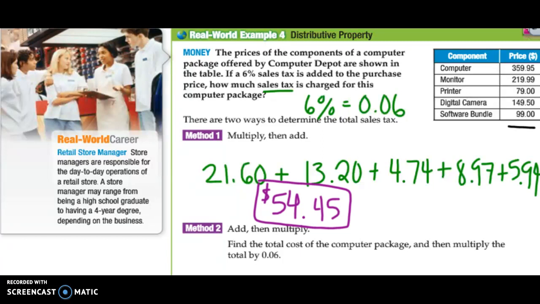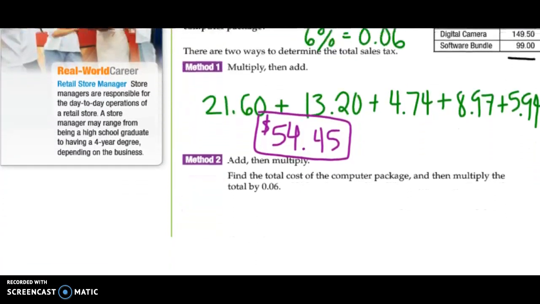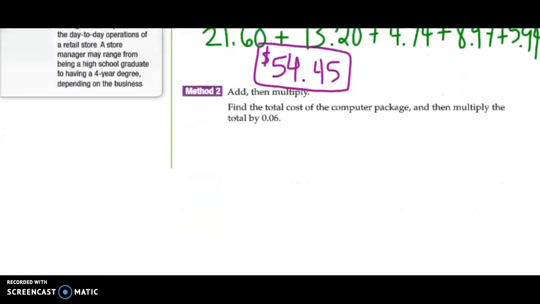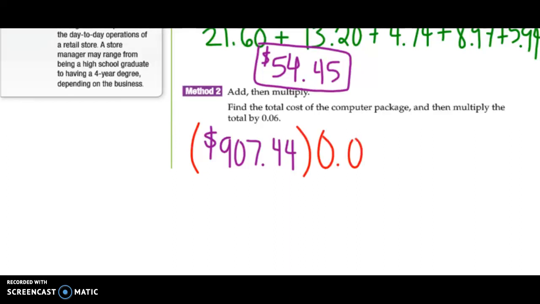Now the second method says we add them all together first, and then we multiply. So I'm going to pause the video and add them all together first. I get 907.44. Now that I've added them all together, I can multiply by 0.06.